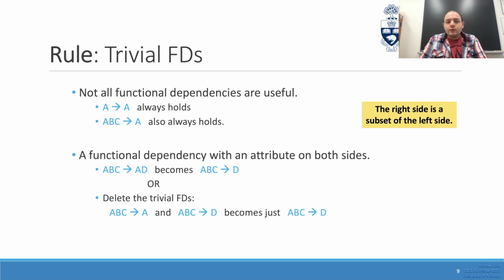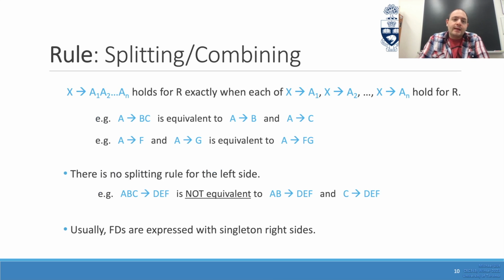Now, these splitting rules and combining rules are pretty straightforward. What you'll notice here is that on a split or on a combine, there are different ways to look at them. One thing we often try to do, because it makes things easier, is to reduce things to what is known as their singleton form, to get it down to a singular attribute.